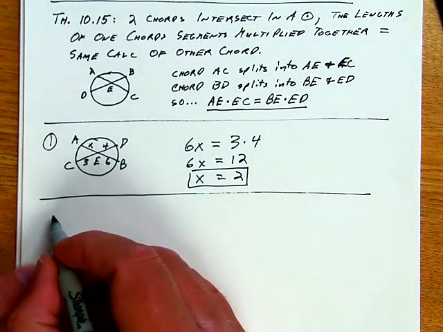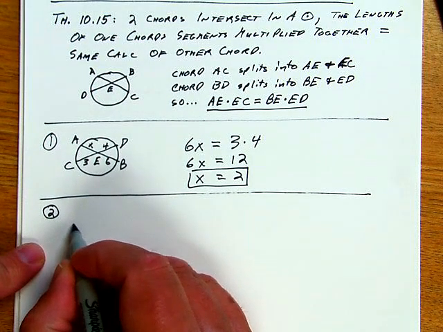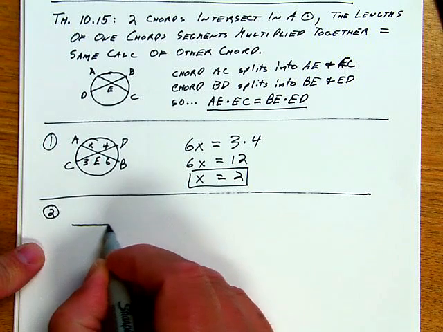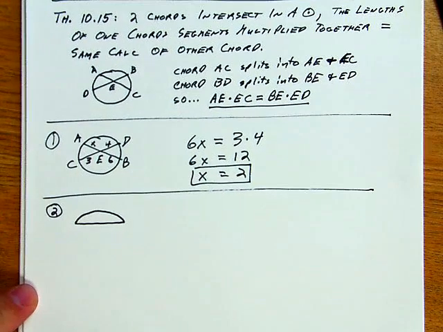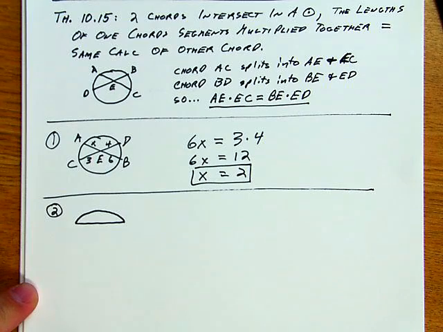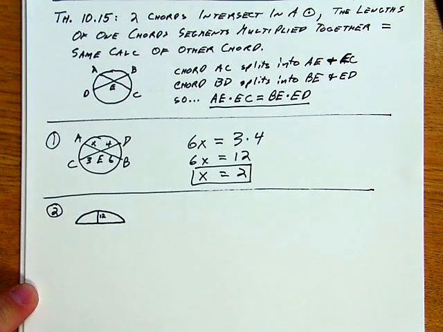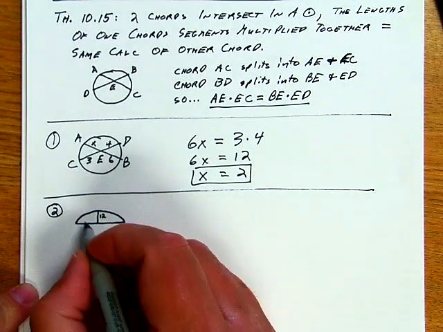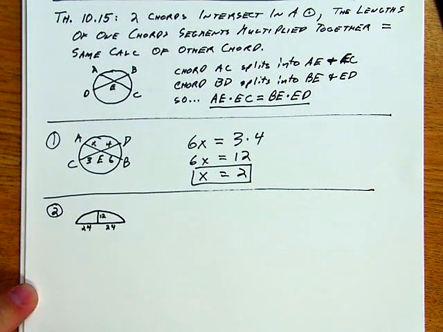Let's try that again with a little bit trickier. Let's say I have a road, and on my road I have a tunnel. Looks like that. That's the tunnel. And I know that the tunnel is 12 feet tall, and I know that each side of the tunnel is 24 feet long.